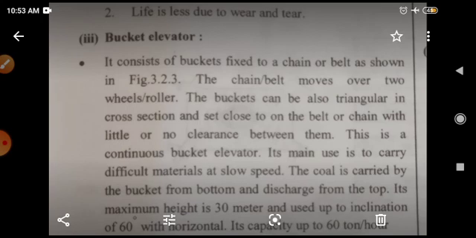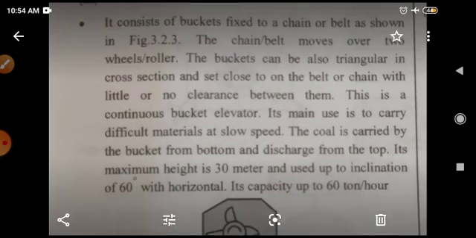A bucket elevator consists of buckets fixed to a chain or belt, as shown in the figure. The chain or belt moves over two wheels or rollers. The bucket can also be triangular in shape and set close to one another on the belt or chain with little or no clearance between them.